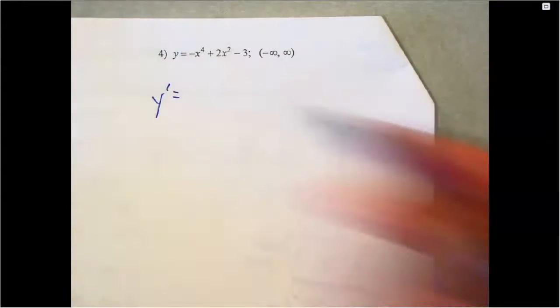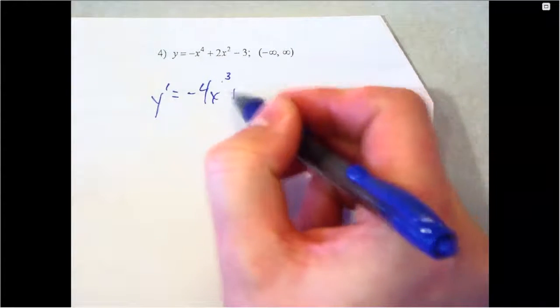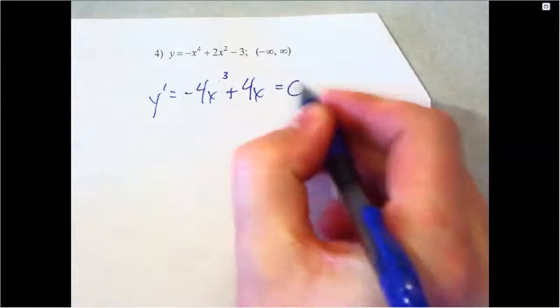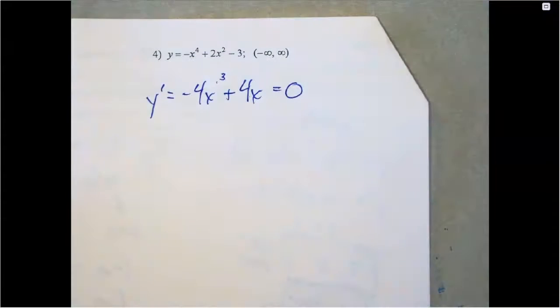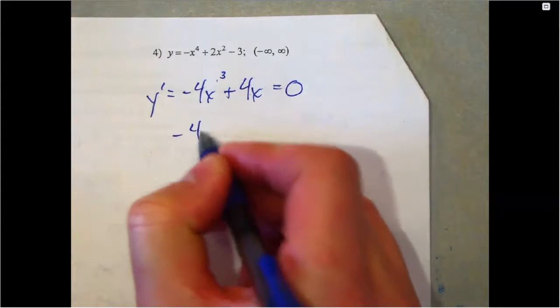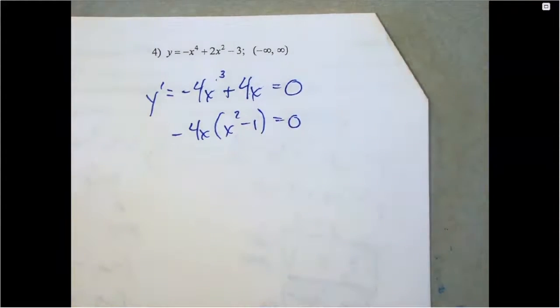It's a quartic. So maybe that's a little different. So again, I'm going to find critical points. That's my derivative. Set that equal to 0. I can factor out a negative 4x, which will give me x squared minus 1 on the inside.